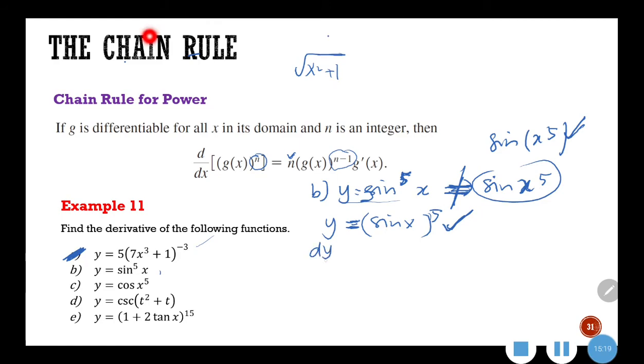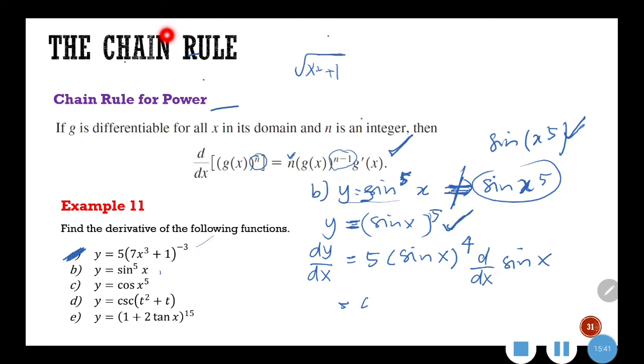So dy over dx, according to this power rule, chain rule for power. So maksudnya 5 ni turun ke bawah, copy whatever inside you have. So sin x, power of reduced by 1, 4. Then d dx of sin x. So differentiate sin x, you will get cos x.